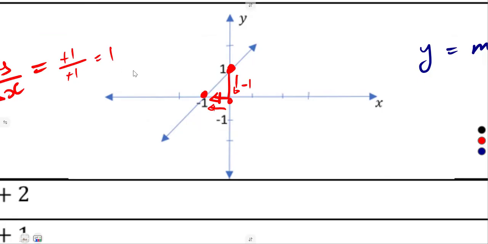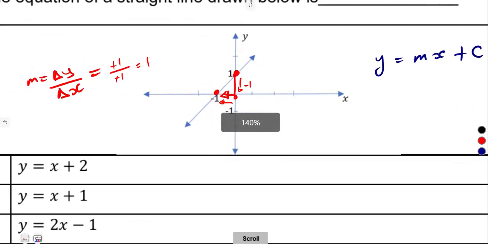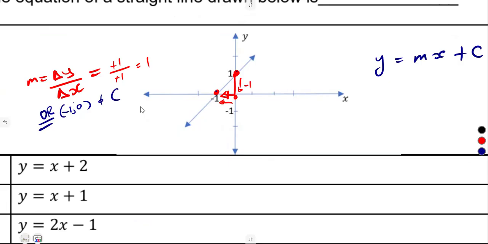So we have a gradient of what? Of 1. If you are using this concept, or you can obtain your gradient from points. The x-intercept, that's (-1, 0), and the y-intercept, where x is 0, y is 1. So these are 2 points that you label x1, y1, x2, y2, so that we can determine our gradient.